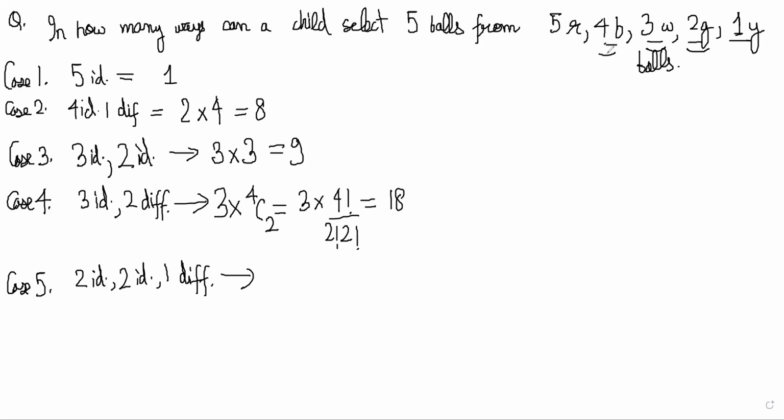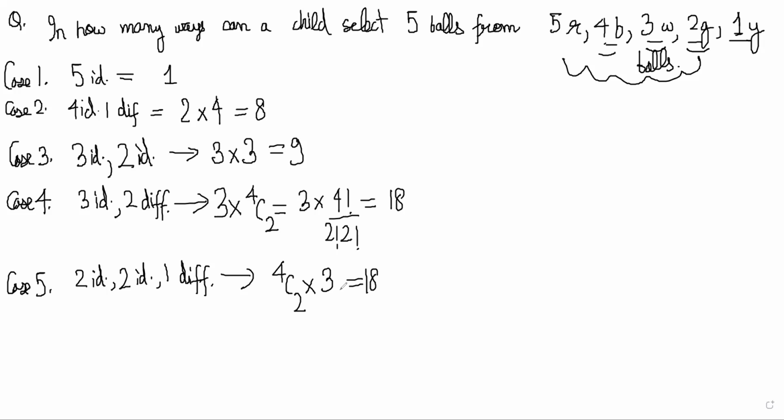So you have to select two groups of two identical out of four possible identical groups. So 4C2, 6 ways. And once you have selected two, three types of things are left. You have to select one from there, so that is three ways. So this is again 6 into 3, 18, right?